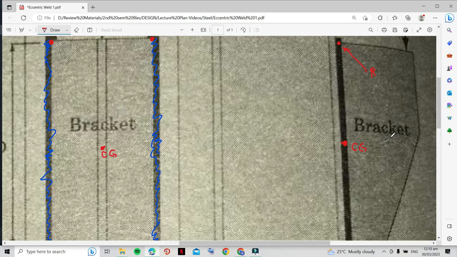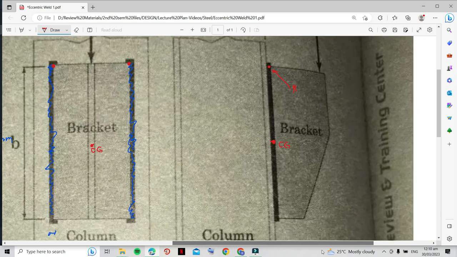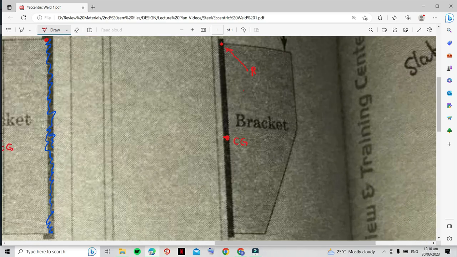Now solving for I. I is equal to BH cubed over 12, the general formula for a rectangle. Here our base is equal to 1, considering this is 1 mm, and H is 500 cubed over 12.